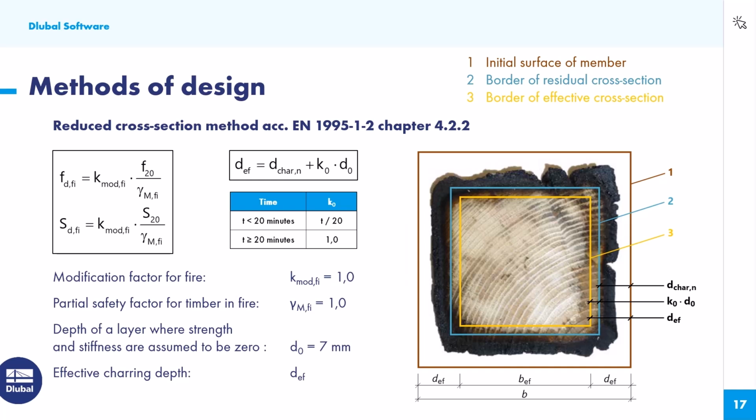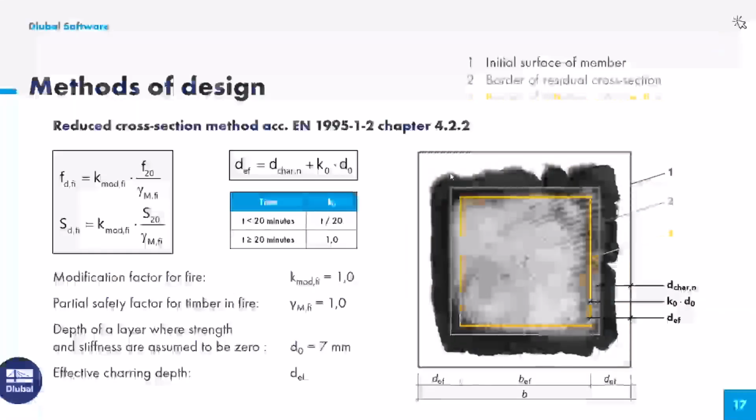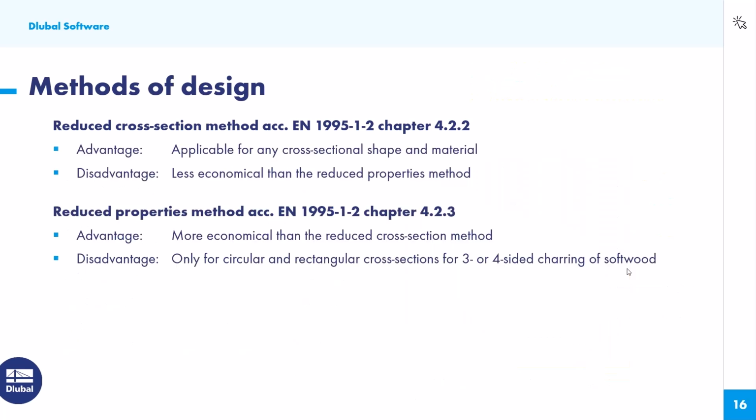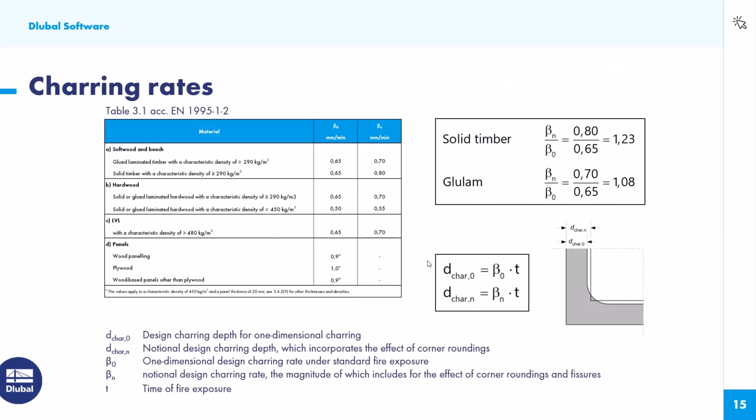Okay, let's have a detailed look at the different design methods. Here we see the reduced cross-section method. Of course, we have the initial surface of the member, and it's getting reduced to the residual cross-section by the charring rate multiplied by the time.